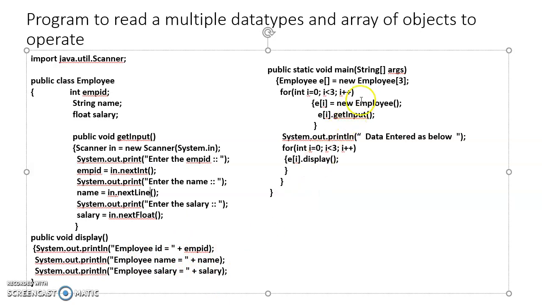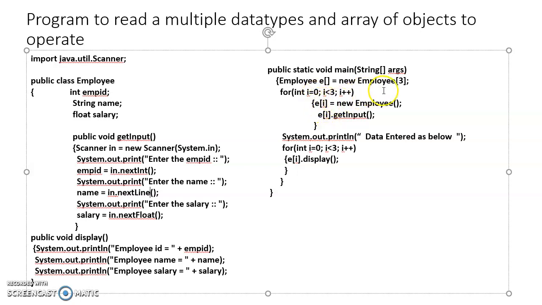And then you have the main function over here where you're creating an array of objects, like E is an array, and it belongs to the class called Employee. Now this is actually the constructor being defined over here, and you have a for loop to run it for the 3 employees, with i starting from 0.